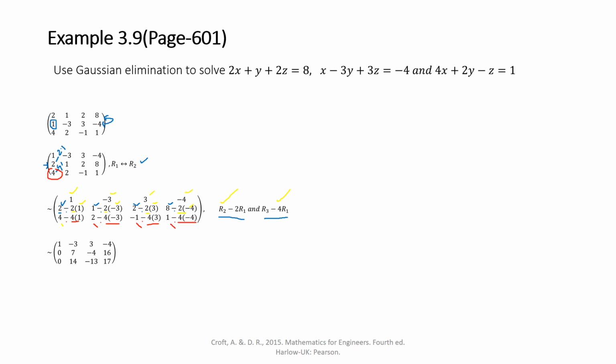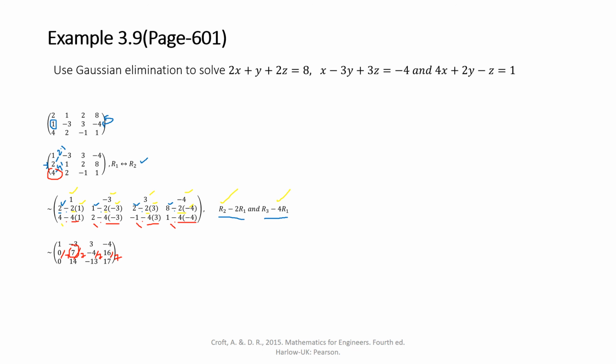Now we are to make this one leading 1. So we divide this by 7, divide this by 7, divide this by 7, and divide this by 7, because we will do the same operation to the whole row.